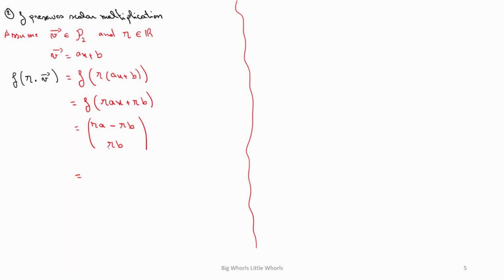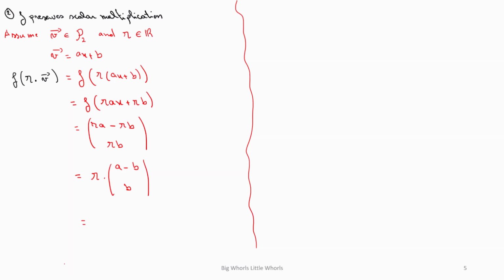And we know how to multiply a vector by a scalar. So we can take the r out. This is the same as r multiplied by the vector a minus b, b. And what can we notice? We have our r there, and we have our vector a minus b, b, which is f of v.